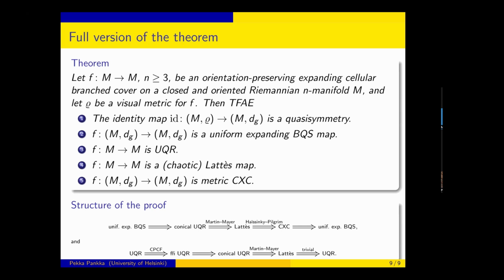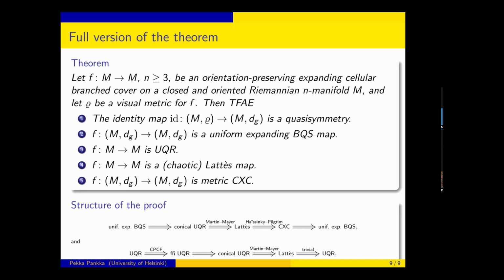The 1 and 2 are equivalent using the previous proposition, so that the visual metric is quasisymmetric to the standard is equivalent to the fact that you have a uniform expanding BQS map, meaning that you have this metric characterization for the dynamics. Then the third one is the classical one, saying that you have a UQR map, so that your distortion doesn't build up under the iteration in this kind of smooth framework.